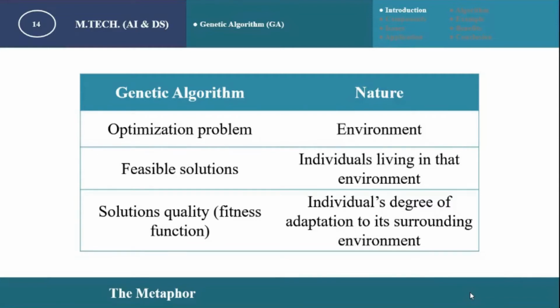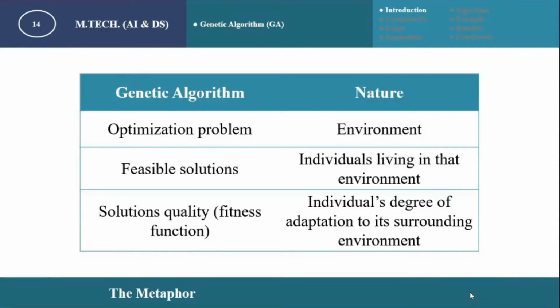Maybe these individuals belong to the same species. That is our concept. We are not bothered about many species living within the environment. We are bothered about only a single species in most of the cases. I'm not saying it is the condition in all the cases, but in most of the cases it is.